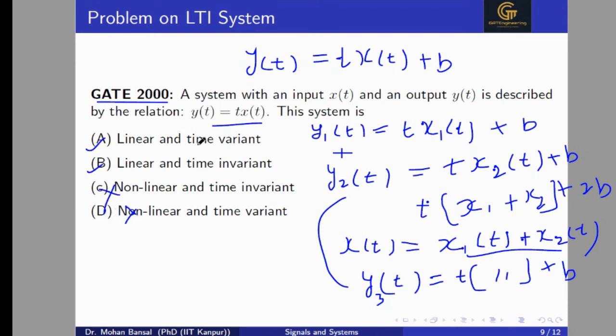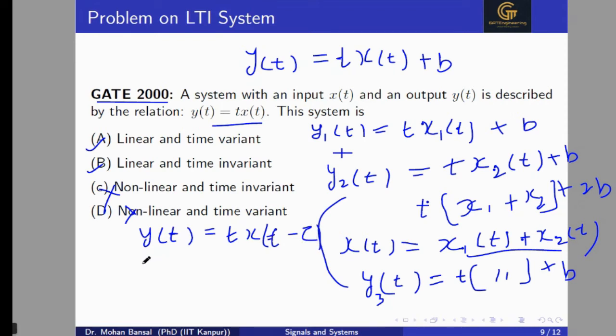Okay, now we'll check the time variant or time invariant property. y(t) is t x(t) here. If we delay the input, we will get y(t) equal to t x(t minus tau). Okay, this is one equation.